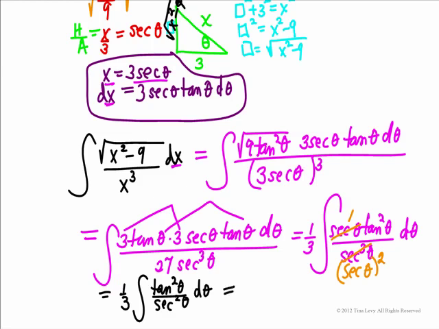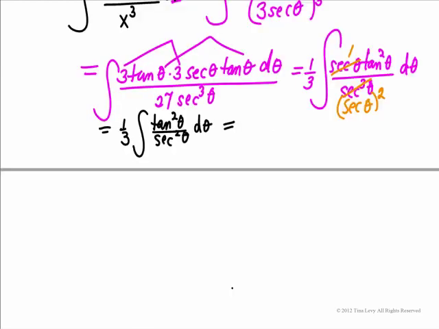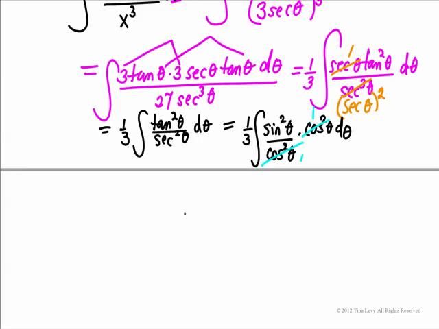We'll go to the next page. And this is 1/3, tangent squared is sine squared theta over cosine squared theta. And 1 over secant squared is cosine squared. These will cancel, and we're left with 1/3 the integral of sine squared theta d theta.